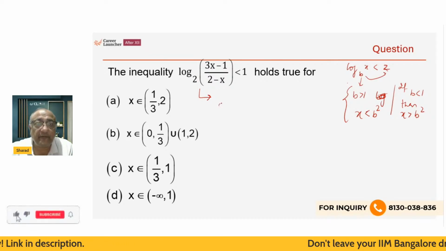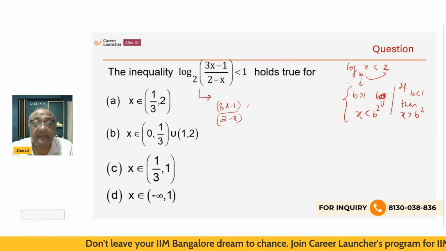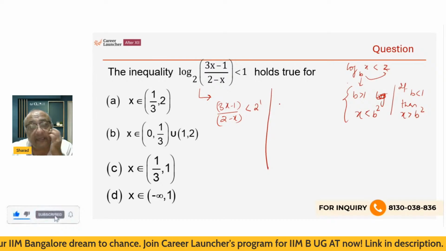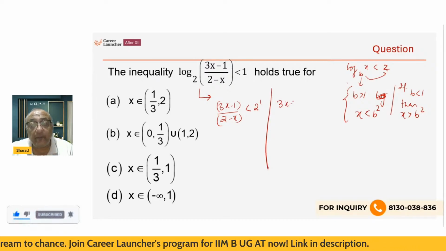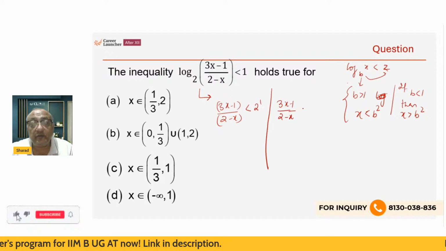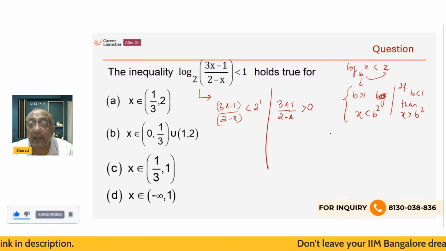So what we can write: (3x minus 1) upon (2 minus x) is less than 2 raised to the power 1. This is 1. And the second condition is also there, children, which we forget most of the time. (3x minus 1) upon (2 minus x) is also greater than 0. Why?